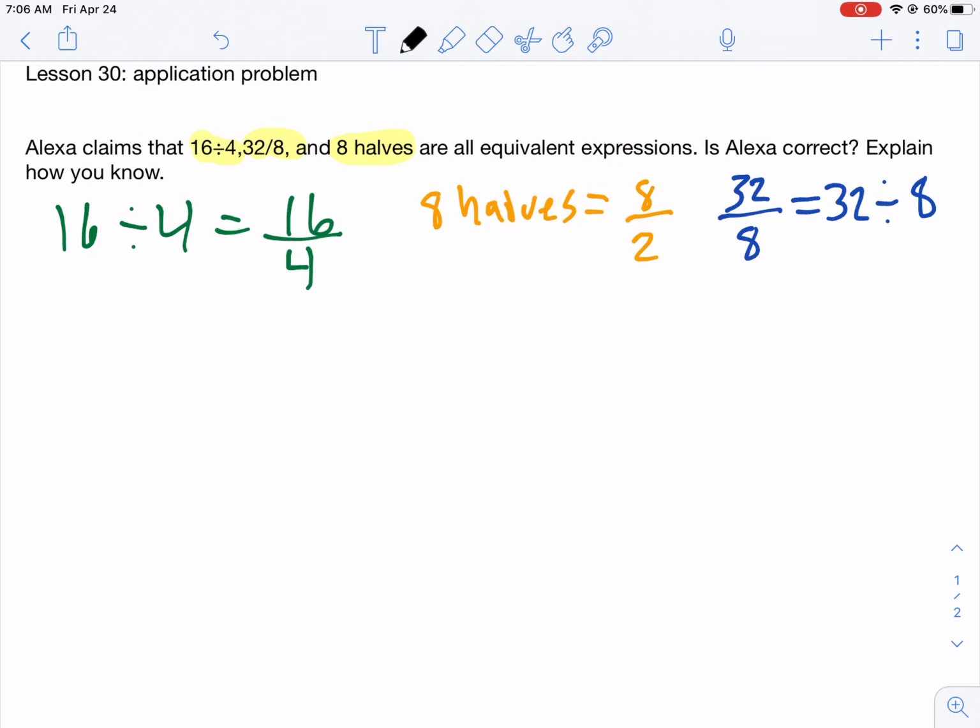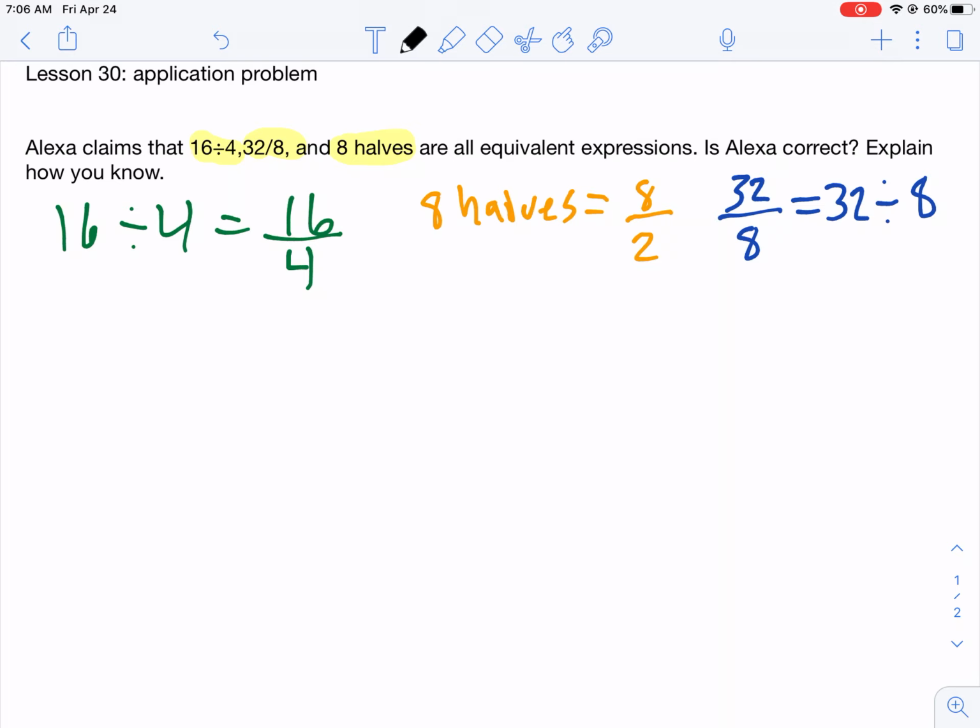So if you needed help, what I want you to do is pause the video after I wrote this and see if you can figure out if these are all equivalent expressions now. So pause the video. Okay, so here's what we're going to do.